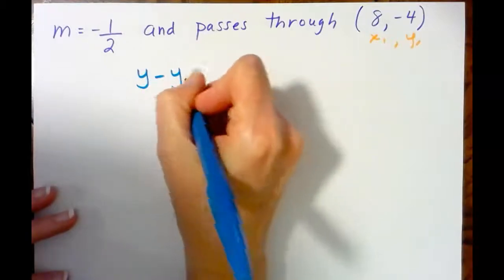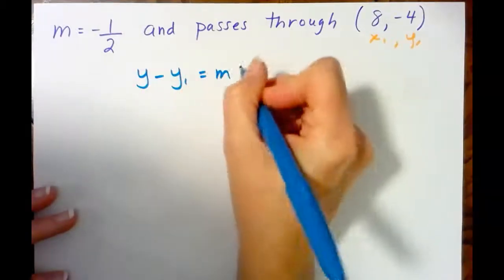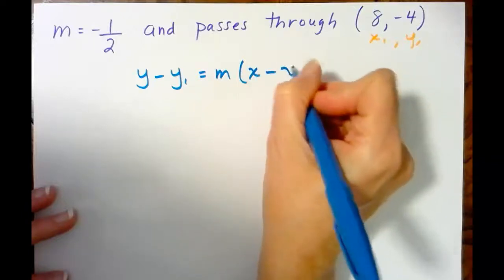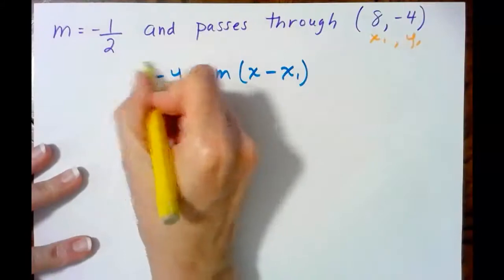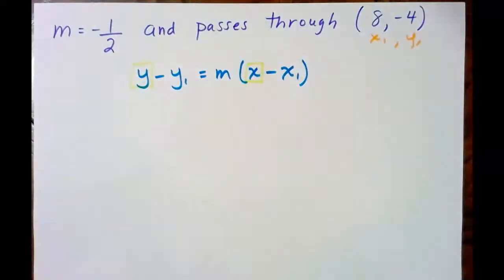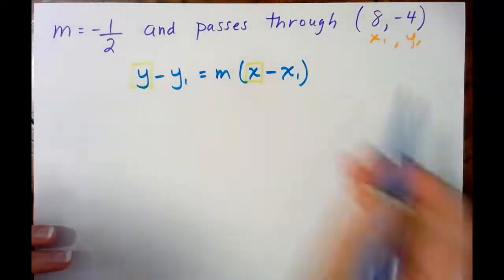Y minus y1 equals m times x minus x sub 1. Once again, remember, this y and this x, they are open variables. They remain x and y. Do not plug in anything for those two variables.